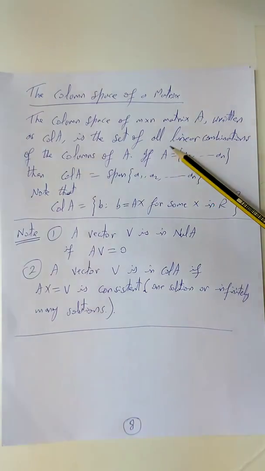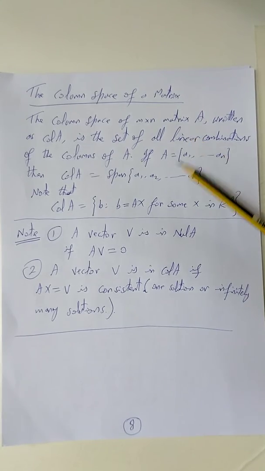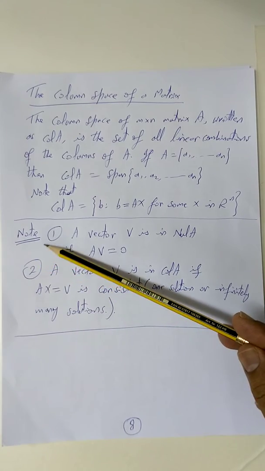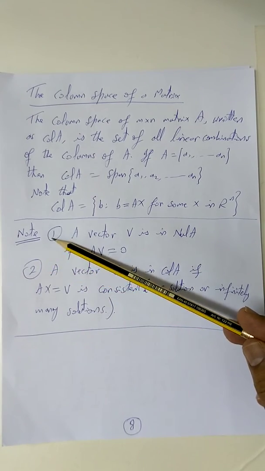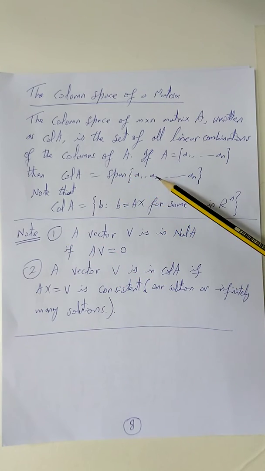Now maybe this definition is a little difficult for you to understand, but I made your life easier by writing these two notes. If you focus on note 1 and note 2, then understanding null space and column space is very easy.